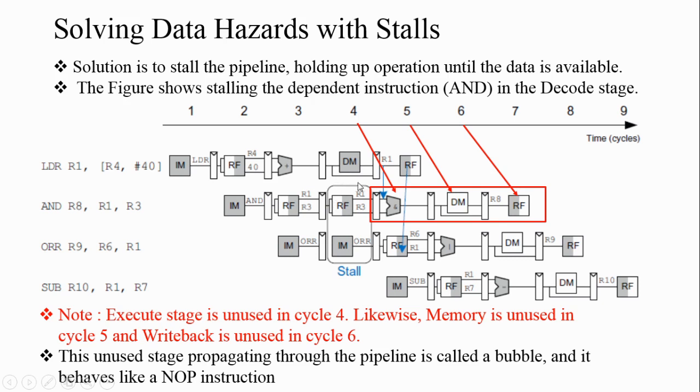By incorporating the stalling technique, you stall this RF stage for one more stage, so the same value is used, and execution is performed only later. Wherever R1 is used, it should be stalled, so this also should be stalled.